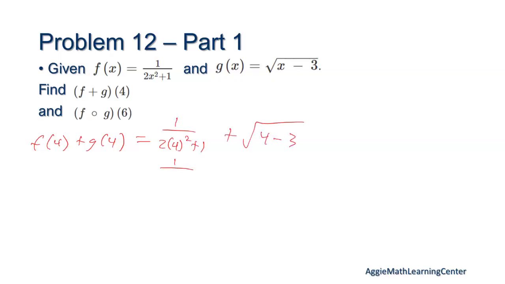So this is 1 over 2 times 16 plus 1, and then that is the square root of 1. The square root of 1 is just 1. And we can add this up. So this is 1 over 33 plus 1, which would give us 34/33.